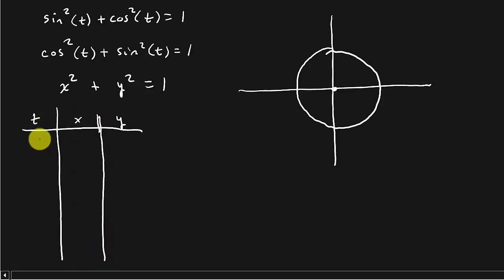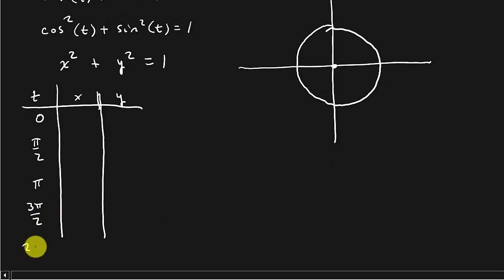For t, I'm going to choose 0, then pi over 2, then pi, then 3 pi over 2, and then 2 pi.